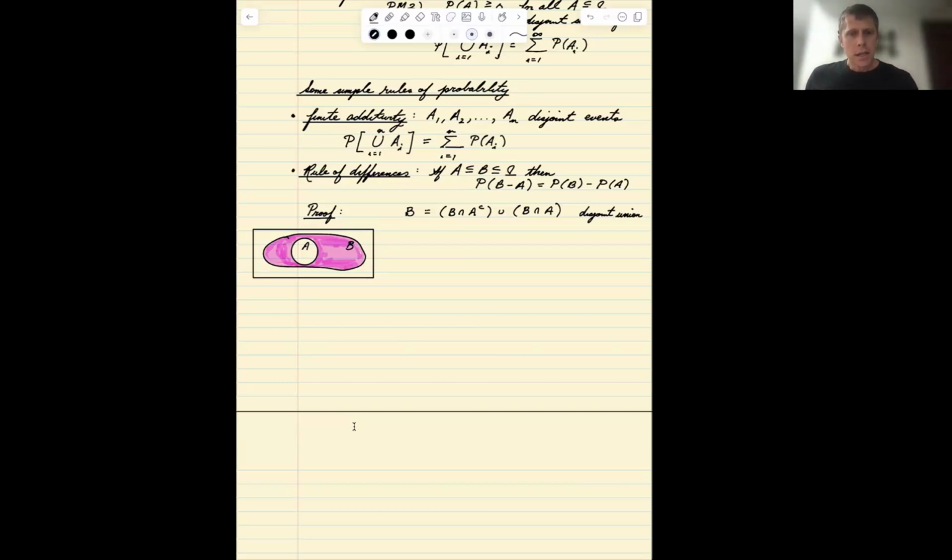Now, B intersect A complement is actually just B minus A. And B intersect A is just A, since A is a part of B. So A inside of B implies that B intersect A equals A. B intersect A complement by definition is just B minus A, and B minus A is disjoint from A.